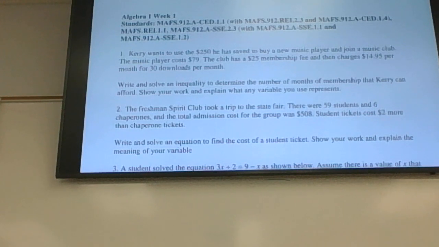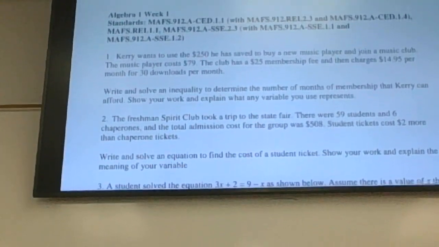Like MA stands for mathematics. 9 through 12 is what that 912 is. And then CED 1.1, that's just like a certain part of the curriculum. So when you read all those symbols, it just says math 9 through 12, and then it states part of the curriculum. And that's national requirements for our public schools.